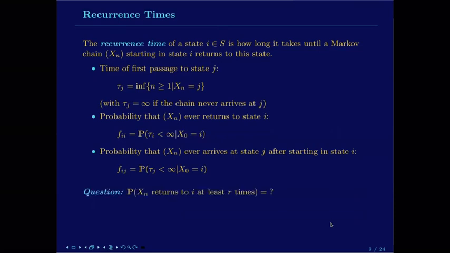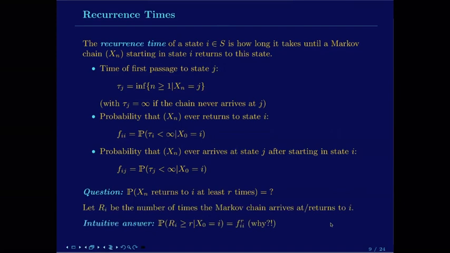If you're interested in the probability that X_n returns to state i at least r times, intuitively, our notion would be that this is f_ii to the r. Because firstly, of course, to arrive r times, it has to return at least once, and the probability for that is f_ii.